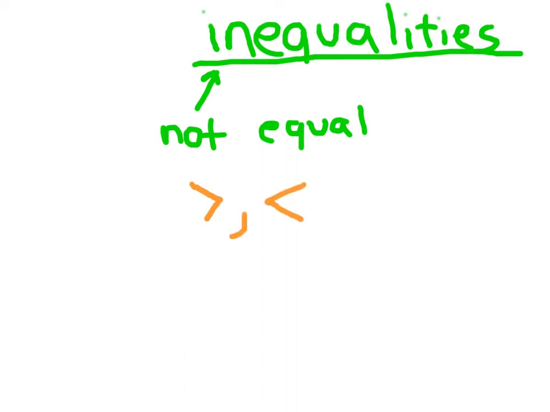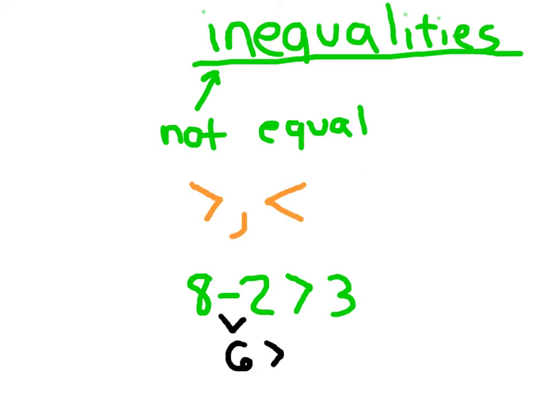If they were equalities, we would use the equal sign. So we'll end up with number sentences for inequalities that will look like 8 minus 2 is greater than 3. And the reason that we know that 8 minus 2 is greater than 3 is 8 minus 2 evaluates to 6, and 6 is greater than 3.